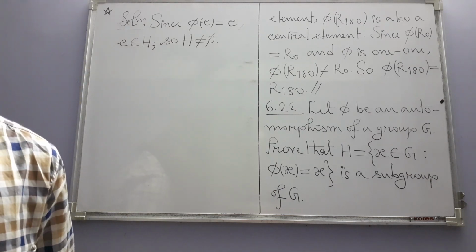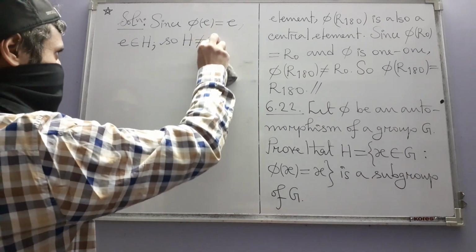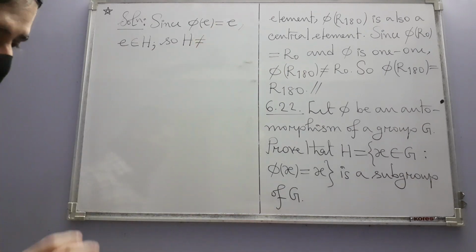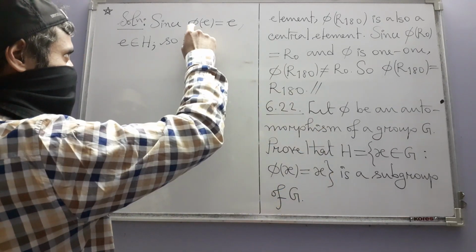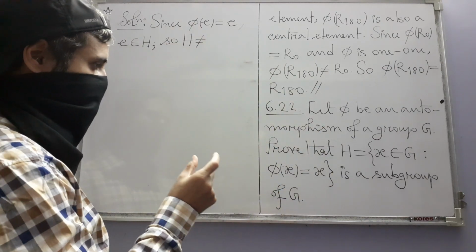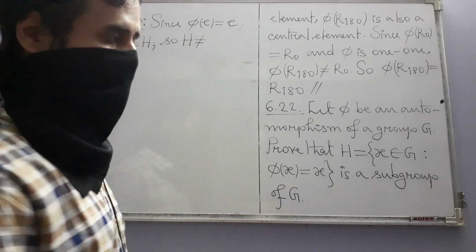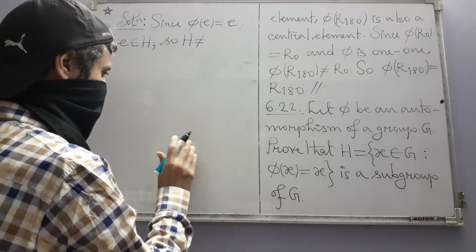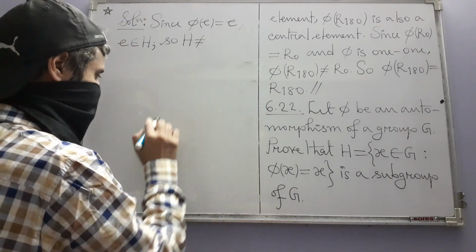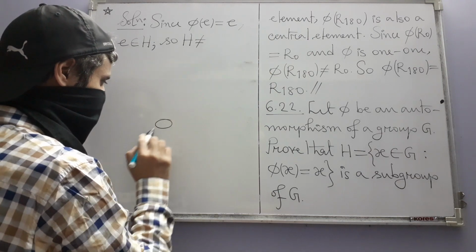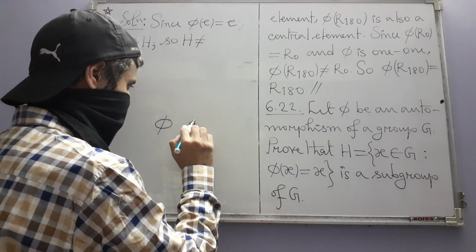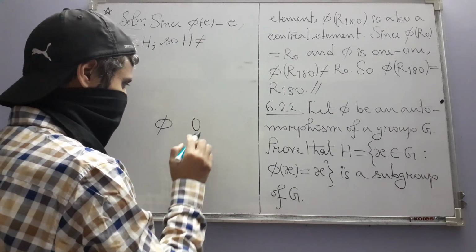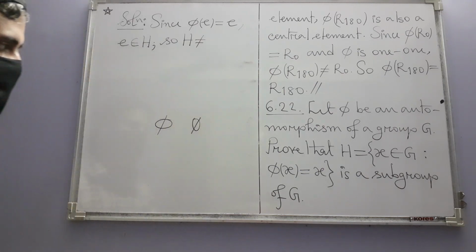A purely notational remark: we often do not distinguish between the symbol for phi, the Greek letter phi, and the empty set, but actually they are not exactly the same thing. Phi is like this, whereas the symbol for the empty set is this. You write 0 and then strike it out.